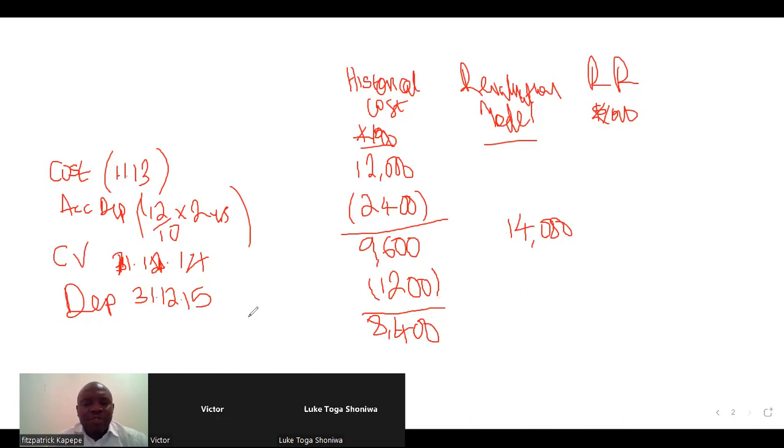In terms of the revalued, we had 14,000 by 8 years, right? 1,750.